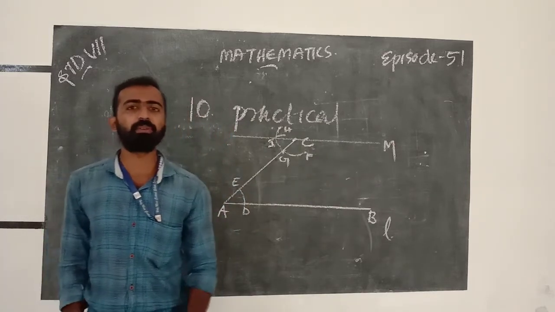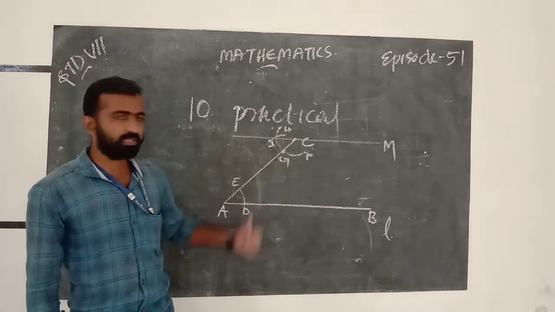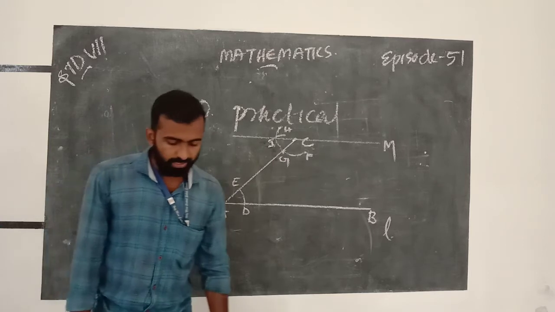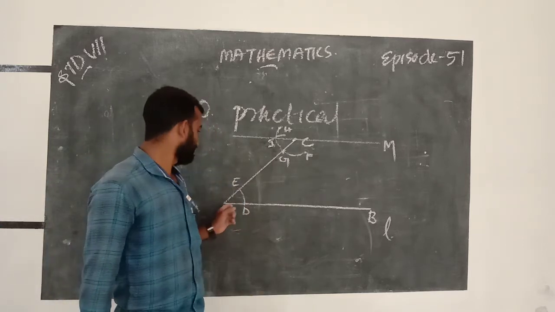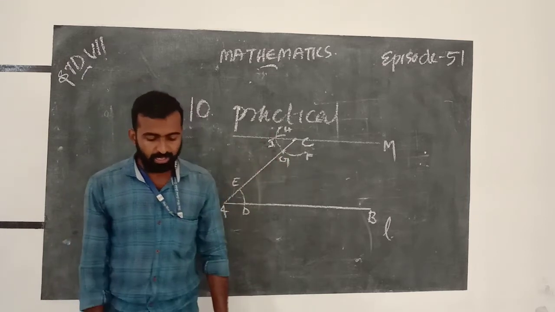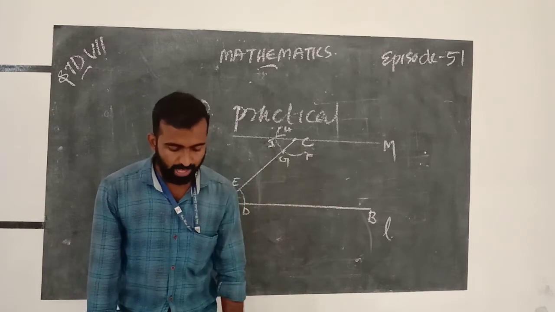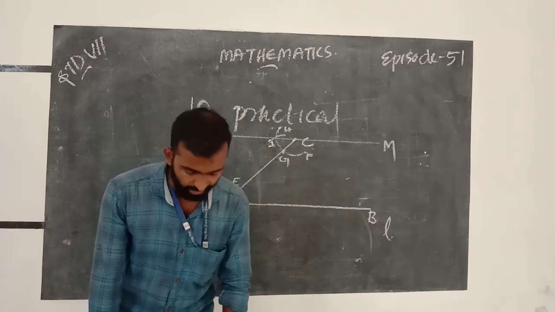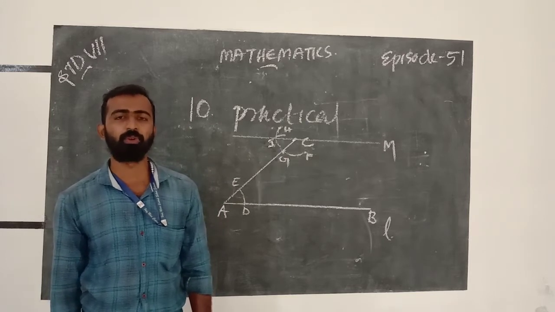The question is, in this construction, can you draw any other line through A that would also be parallel to the line L? Can we draw?